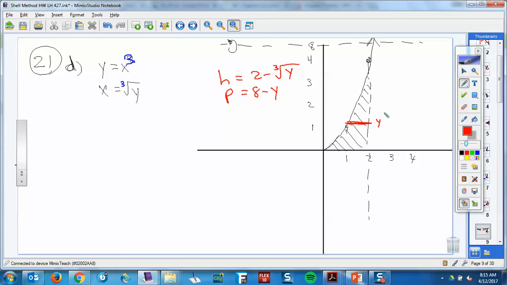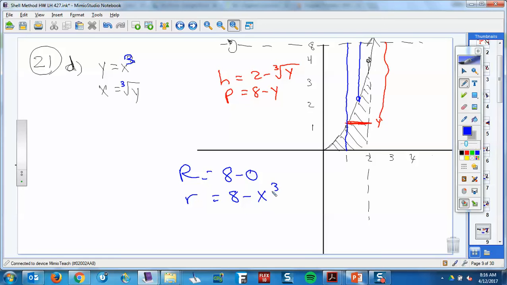So here would be the y, and here would be your strip, 8 minus y. Or we could do washer. Big R would go all the way to there, little r would go to there. So big R would be 8 minus 0, and little r would be 8 minus x cubed. Right? So set it up either way, 320 pi over 7. Okay, good.